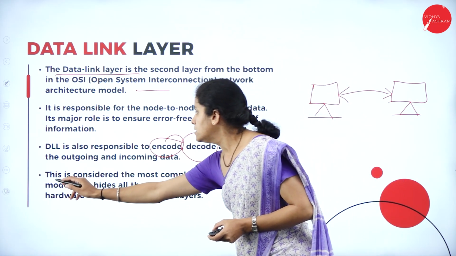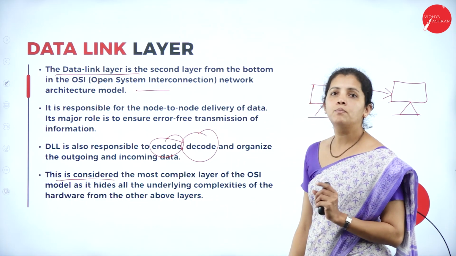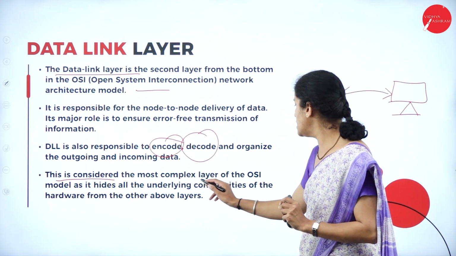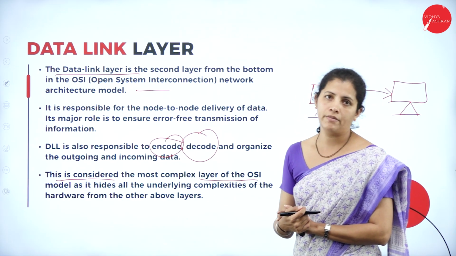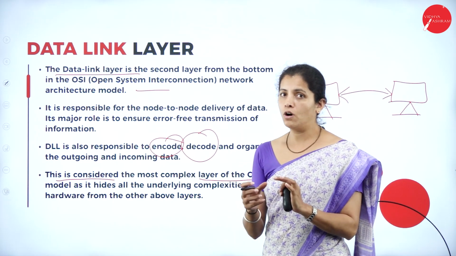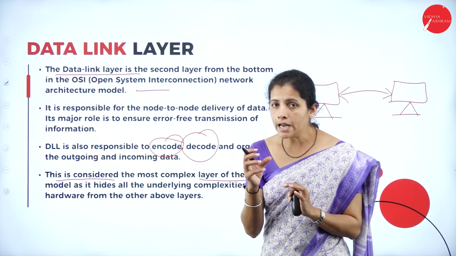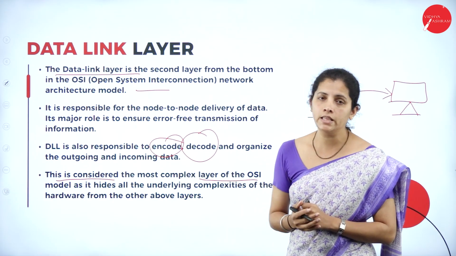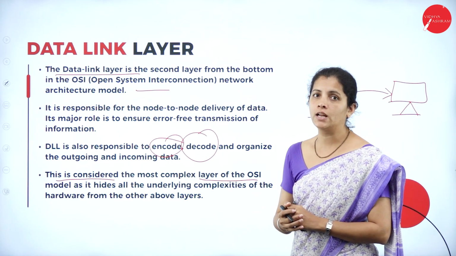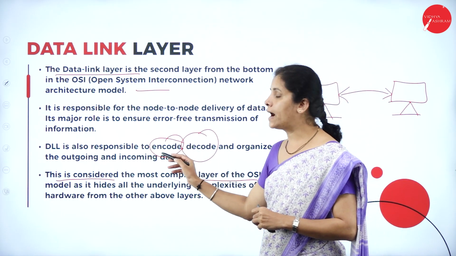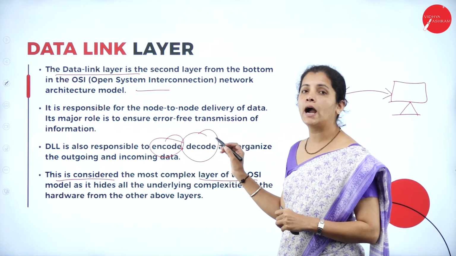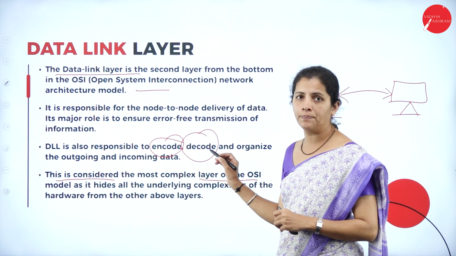Now, this is considered the most complex layer of the OSI reference model, because this layer is responsible for providing the node-to-node connection as well as data encoding and data decoding.